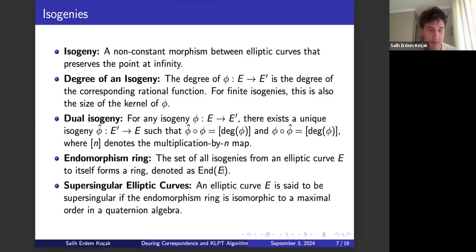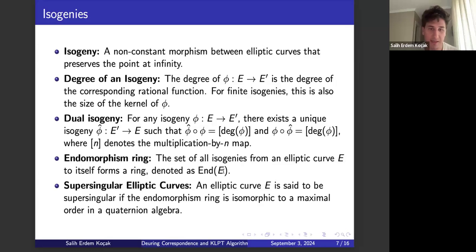Another concept that is the core of this presentation is supersingular elliptic curves. It is possible to characterize an elliptic curve's endomorphism ring. There's a theorem about this, and one of the cases is that the endomorphism ring of an elliptic curve can be a maximal order in a quaternion algebra.